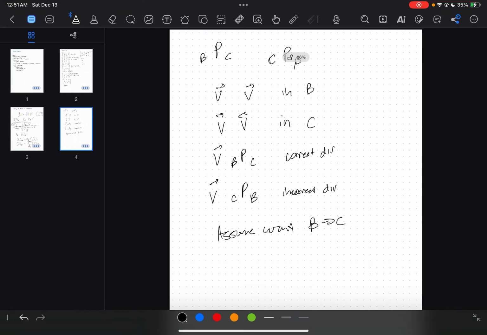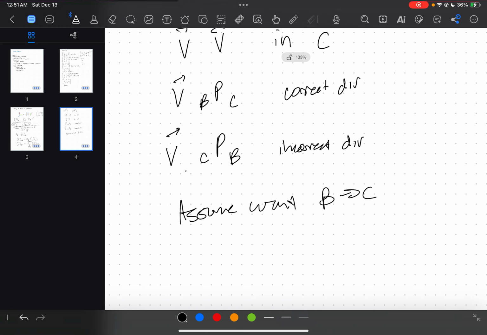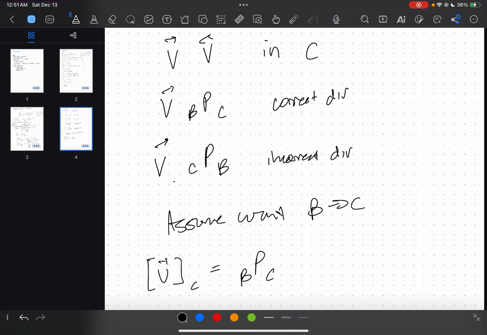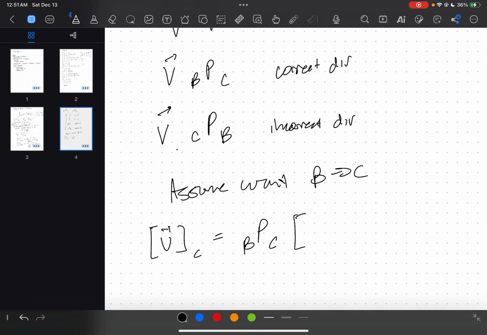In each of these cases, if you're given a vector and BPC, we want the vector in C. Well, that's just BPC times the vector in B.